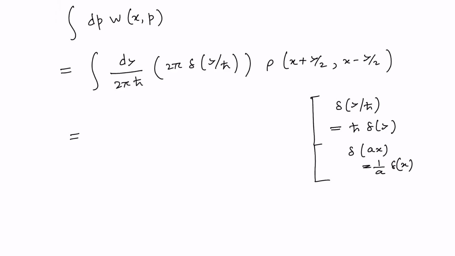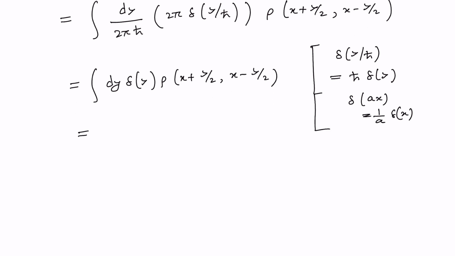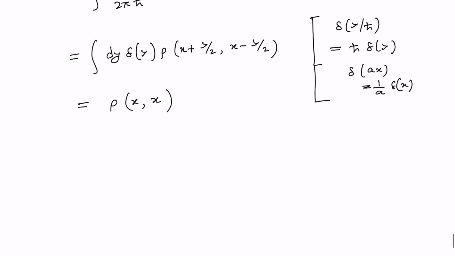So utilizing this result, I have integral dy delta of y, rho of x plus y by 2, x minus y by 2, and simply applying the property of the Dirac delta function, this is going to give me rho of x, x, and that is nothing but mod psi of x square.